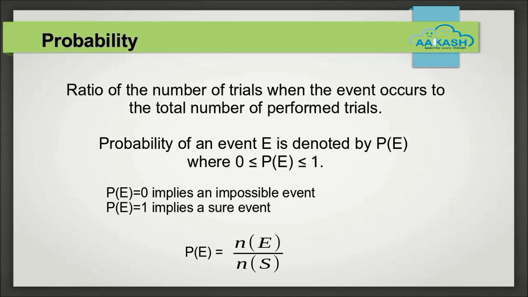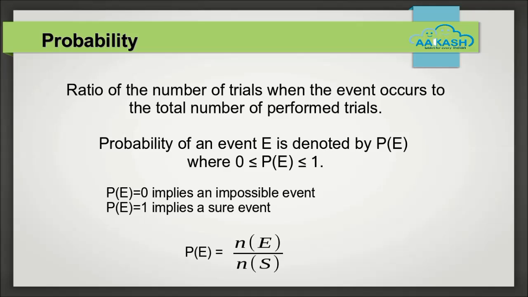Probability. Taking all the definitions into consideration, we come to the conclusion that probability is the ratio of the number of trials when the event occurs to the total number of the trials performed. Probability can never be less than 0, and it can neither be more than 1. Probability is always between 0 and 1, including 0 and 1.